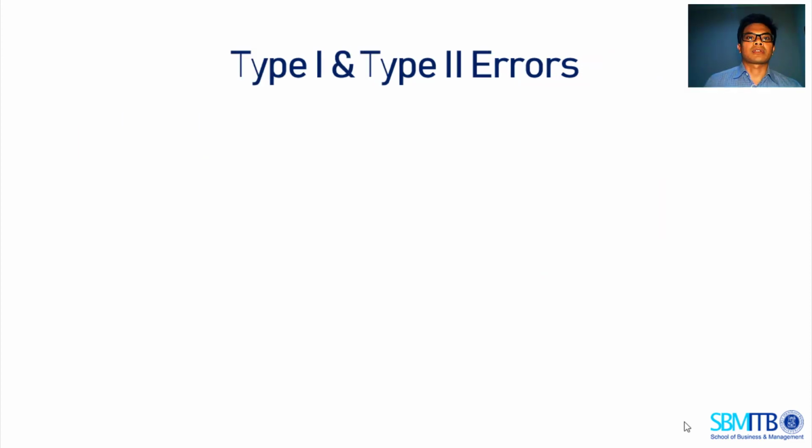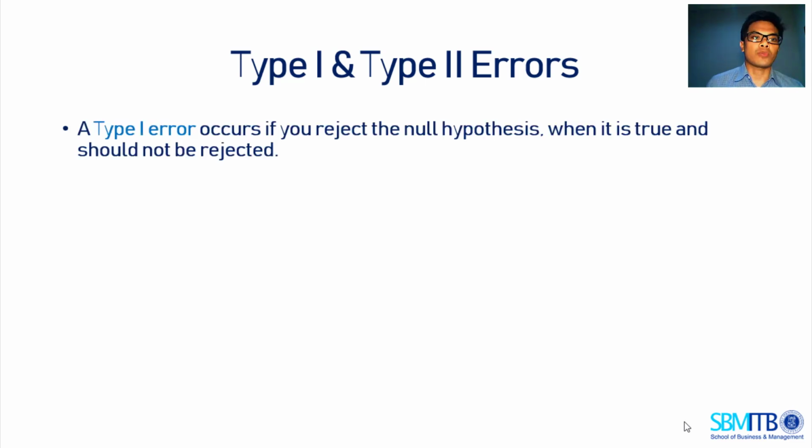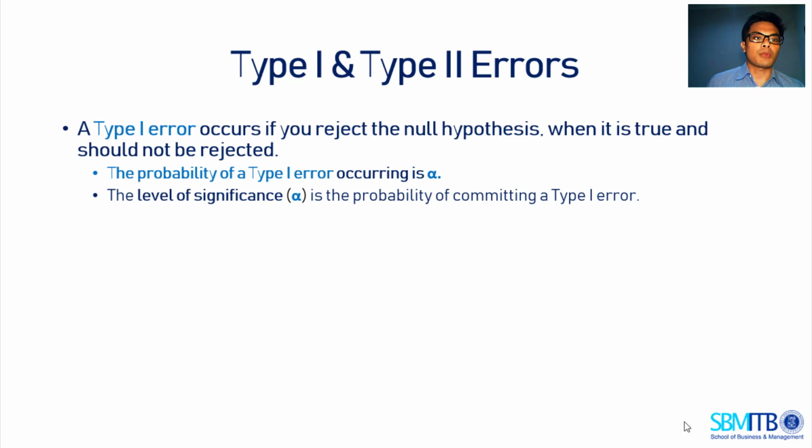Let's discuss the concept of type 1 and type 2 errors. A type 1 error occurs if you reject the null hypothesis, but actually the null hypothesis is true and should not be rejected. The probability of a type 1 error occurring is denoted by the symbol alpha, or the level of significance.